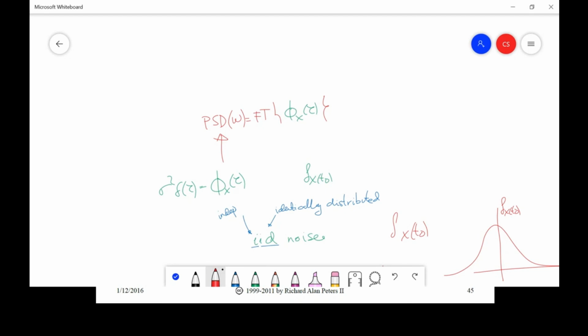If this is a delta, what is the power spectrum? Constant. So if they are independent, this is sigma squared, independent of the frequency. Let us plot that. So we have omega, we have the power spectrum of x with respect to omega, and it is sigma squared. It is flat. And now you get the name. This is white noise.